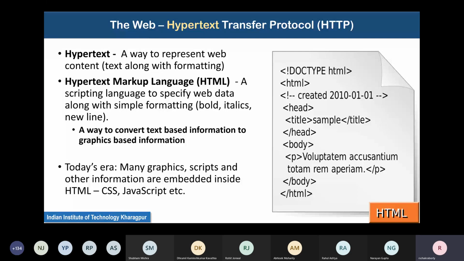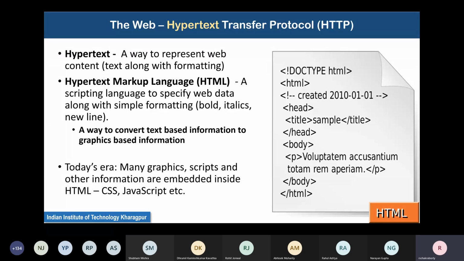Now try to understand what a web page is that you see on a browser. You have to understand that. HTML is not this simple nowadays. Many graphics, other scripts and other information can be embedded inside HTML, CSS, JavaScript, etc. JavaScript scripts are small code snippets which get executed on the fly by your browser.